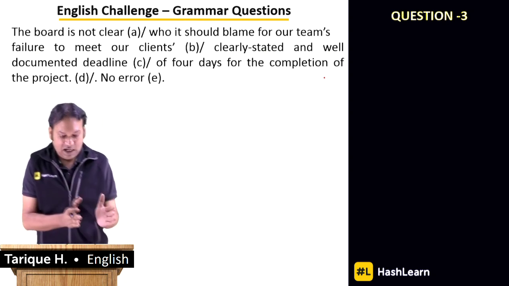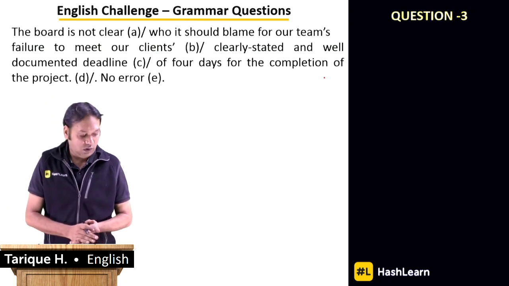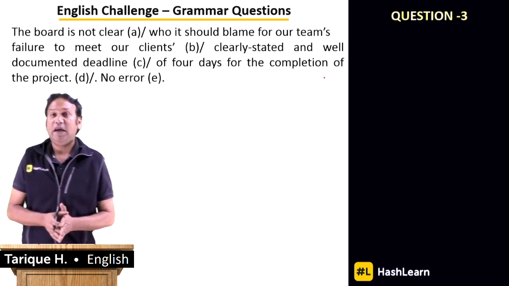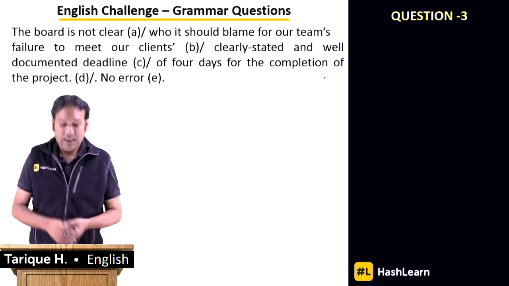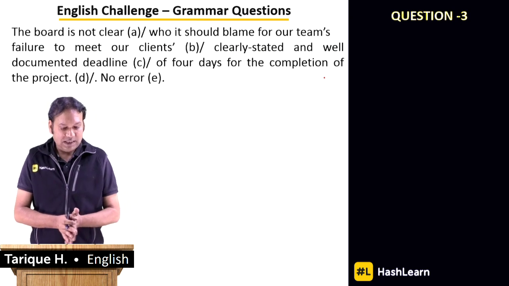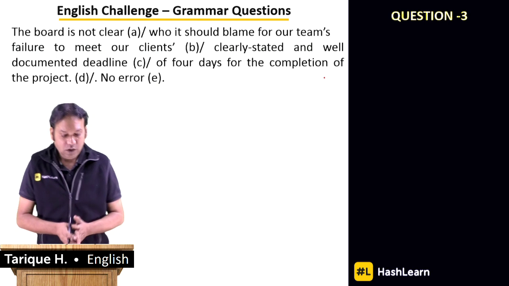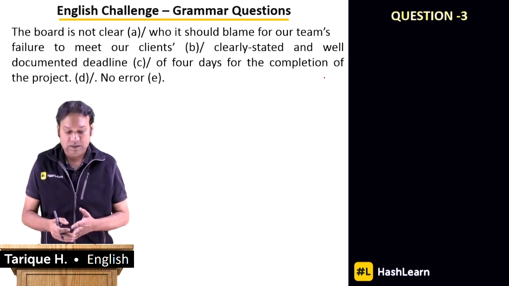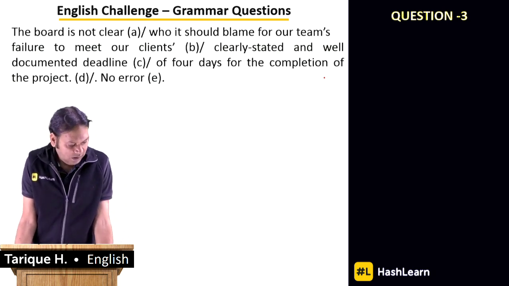So look at each part separately, A, B, C and D, and tell me what will be the right answer for this question. Which part of the sentence is incorrect? If you feel that all the parts A, B, C and D are right, then the answer will be no error, which is E. The board is not clear who it should blame for our team's failure to meet our client's clearly stated and well documented deadline of 4 days for the completion of the project.